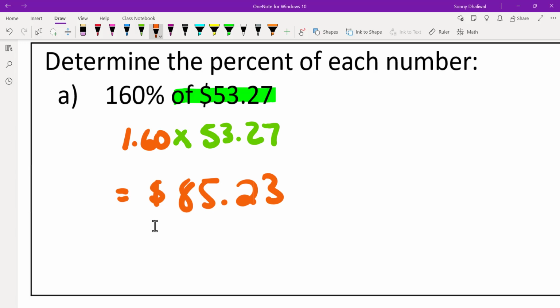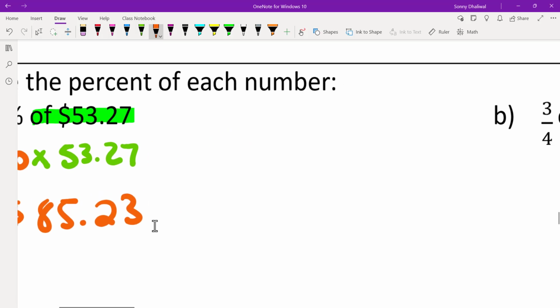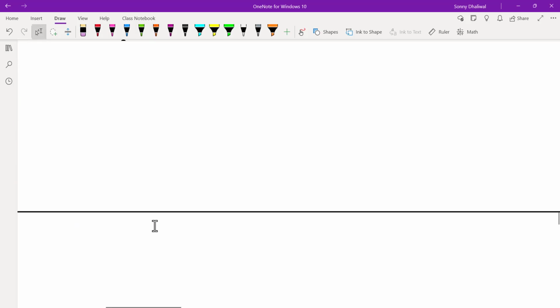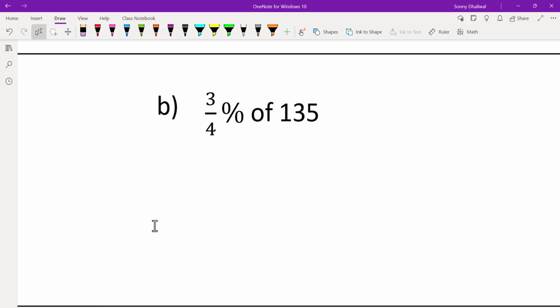Okay. So the next one gets a little trickier. This is the trickiest situation, when we have a fraction inside of a percentage. Convert it to a decimal, so 0.75. Okay.